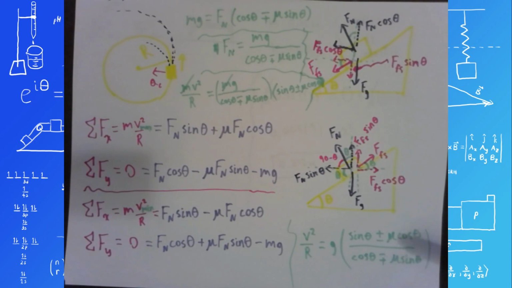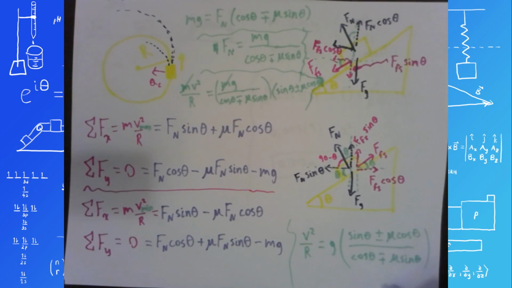Otherwise, I would have had to write V max squared over R equals g, taking the plus in the top and the minus in the bottom, and then separately write V min squared over R equals g times, taking the minus here and the plus in the denominator. But this is just a more compact way of writing all of that.